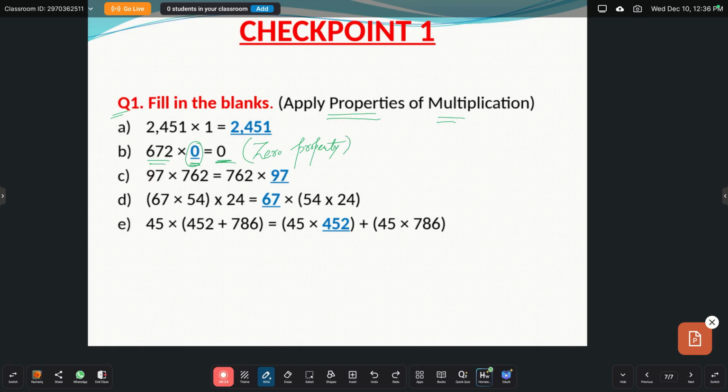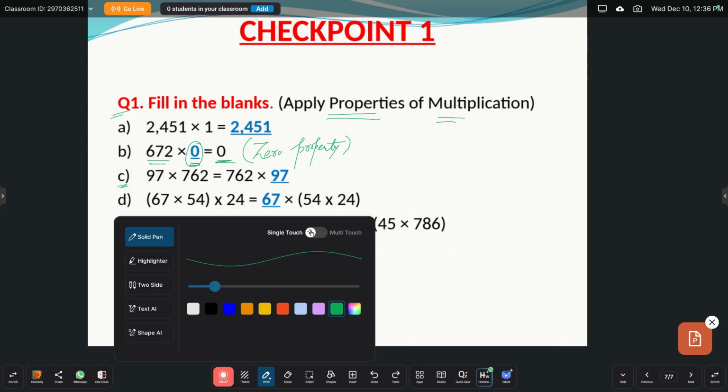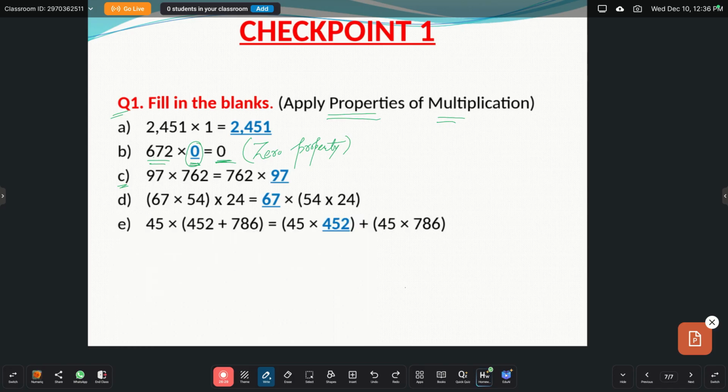Now, we will move to our part number C, beta. What is our part number C? Part number C is 97 multiplied by 762 is equal to 762 and something, and we don't know this number. See, beta, here it is equal to. Is equal to means that the product on the left side is same as the product on the right side. Here one number is same, that is 762.